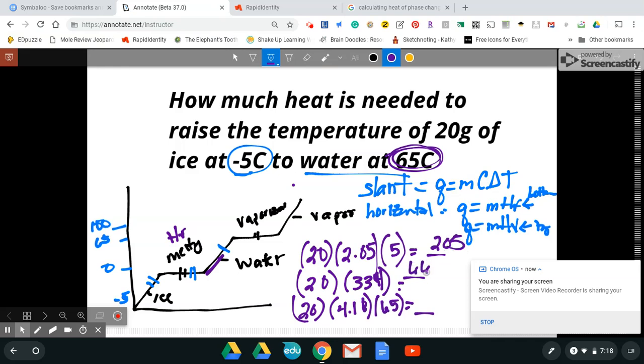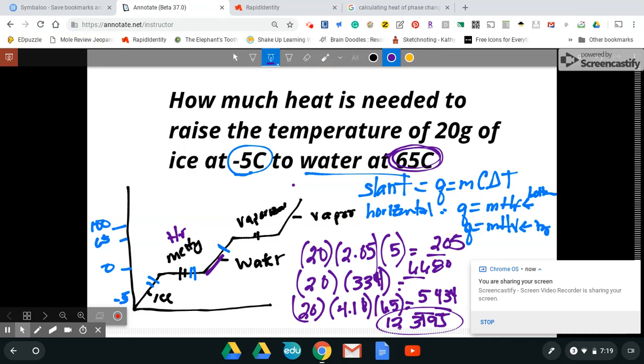This is 6,680. And this is 5,434. So then I just add all those numbers together, and I get a total of 12,319 joules of energy. Okay.